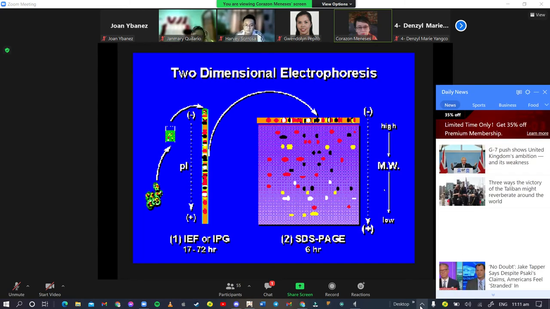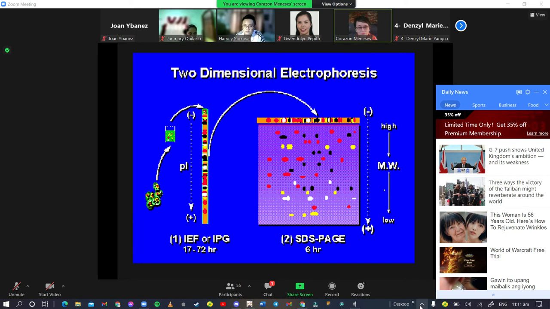So for the verification, as I said, don't bother to know how it is done, know the principle. What is the principle behind the scientists being able to purify the protein from a mixture or to separate them from each other?